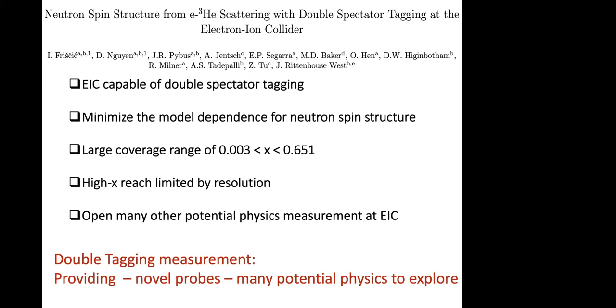One thing I forgot to mention here is that the high X region is limited in this measurement due to resolution. But there are some ongoing studies to get better resolution, and then we will be able to extend to higher X values for the study. That will bring us closer to X equal to 1 for the valence region.